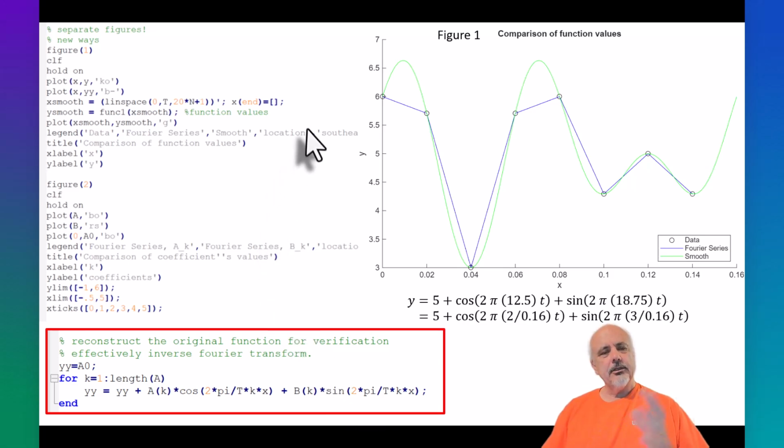And then I did a smooth function where I did very, very fine from 0 all the way to t. And so I plotted those three, and that's what's shown in figure 1 here.